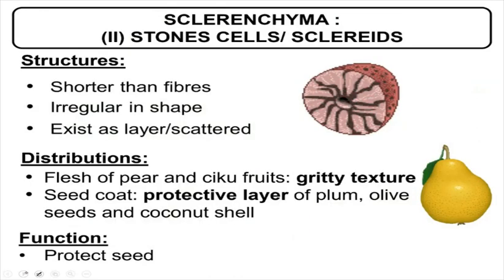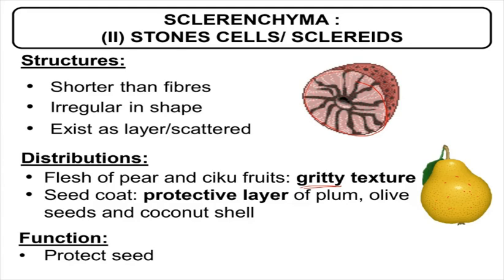The stone cells, the sclerids, are shorter than fibers and have irregular shape, exist in layers ataupun bersepah-sepah. Dia macam crystal structure, gritty structure. Bila kita gigit tu dia ada macam serbuk-serbuk dalam tu.